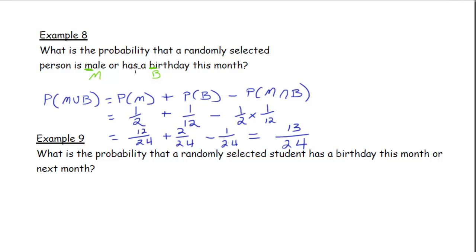In this case, we can just add the two. So that would be 1 out of 12 for this month plus 1 out of 12 for next month, which would give us 2 out of 12 or 1/6. So this second example, example 9, is much easier because our 2 events do not overlap.